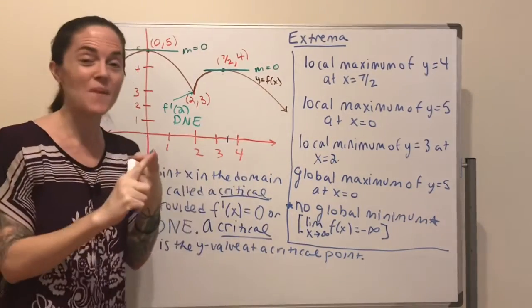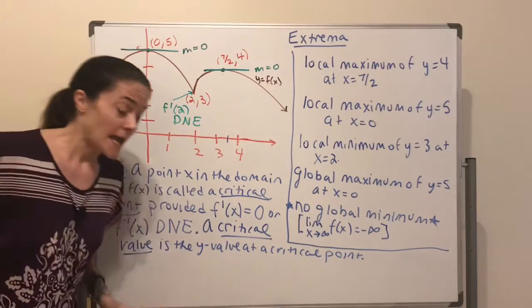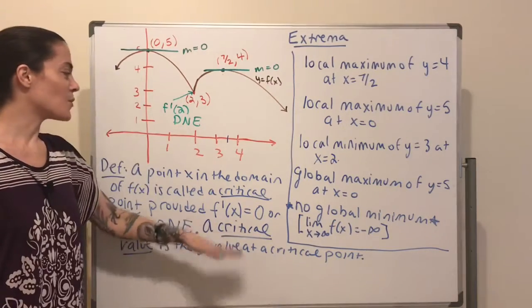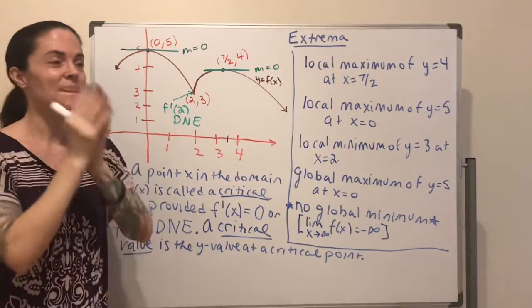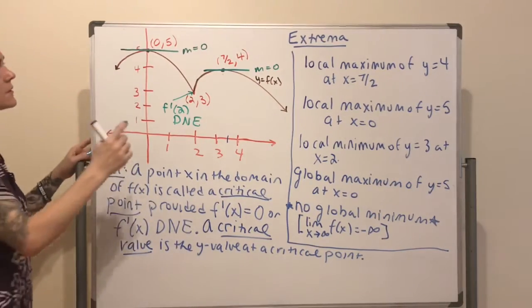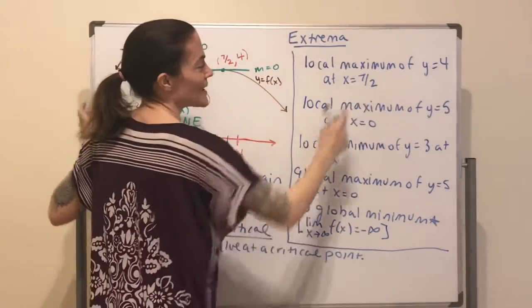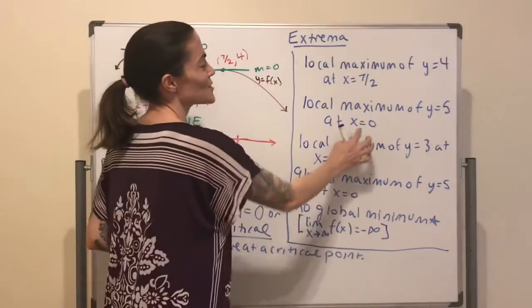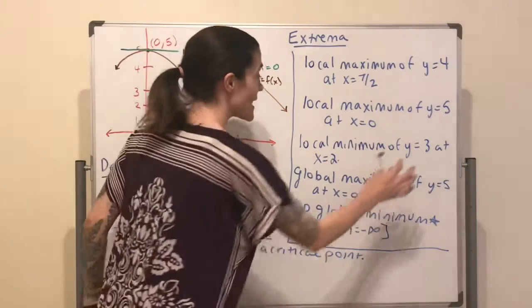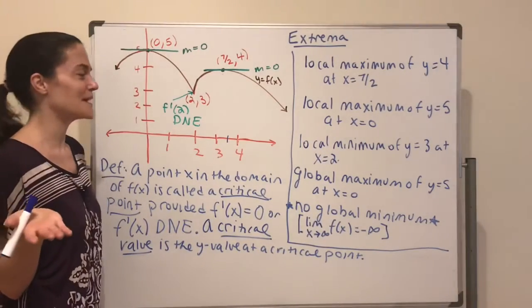They're points in the domain where the derivative is 0 or does not exist. And then when you have a critical point, the corresponding y value is a critical value. Okay, so 4 is a critical value corresponding to critical point 7/2. 5 is a critical value corresponding to critical point 0, and 3 is a critical value corresponding to critical point 2.